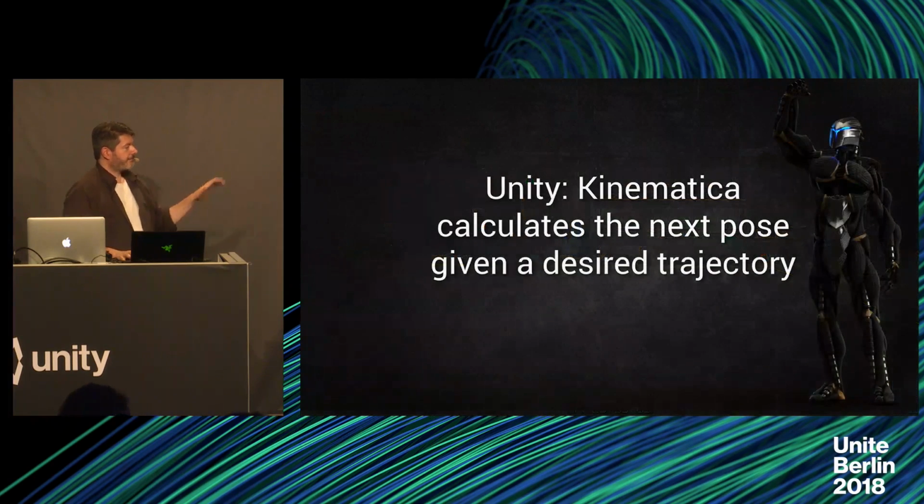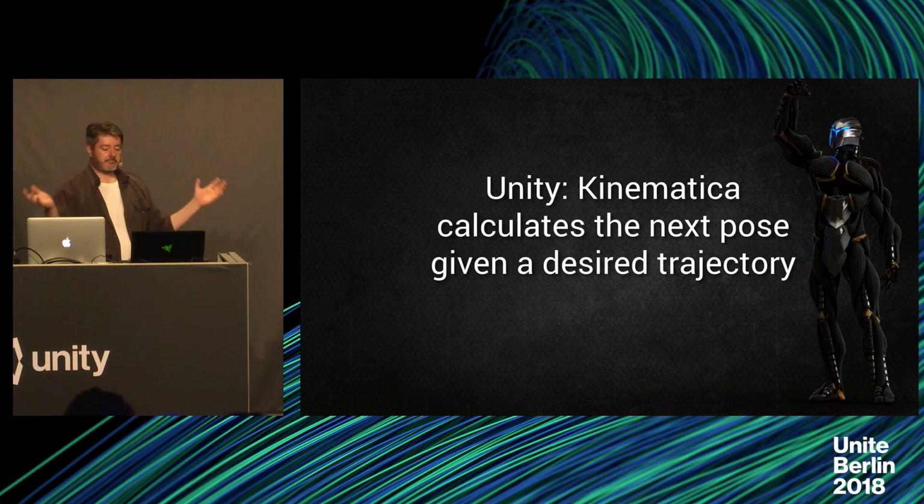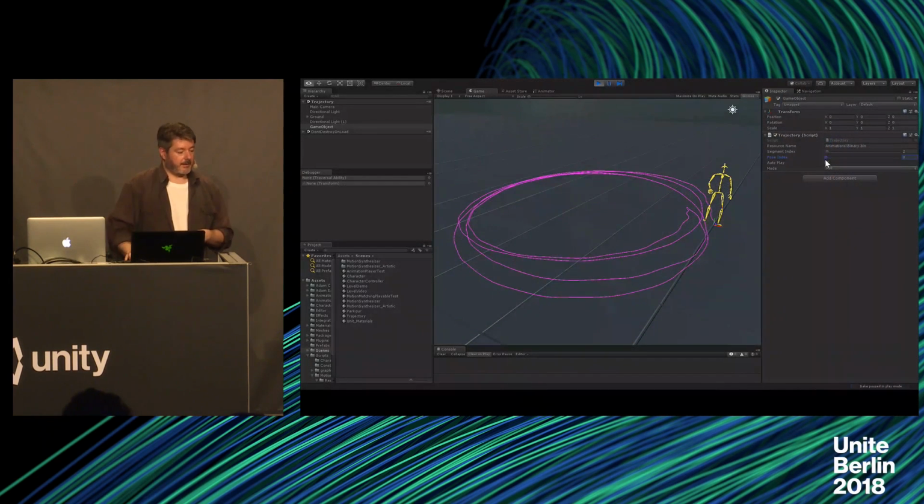Based on that principle, that's the basic idea behind Kinematica. The whole thing is based around calculating the next pose given a desired trajectory. Let's dive a little bit into how that works.